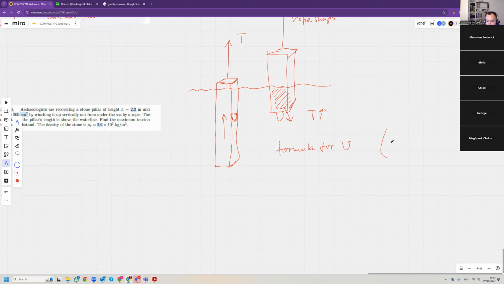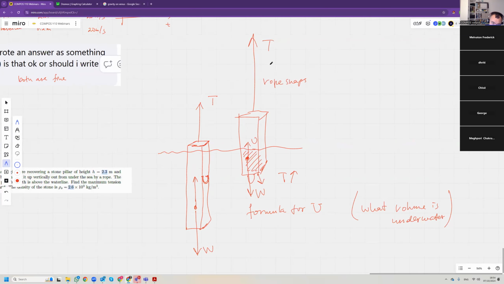You will need to consider what volume is underwater. The third force is the weight, though the weight doesn't change. So the upthrust becomes smaller, the weight doesn't change, the tension force increases, and at some point it breaks.